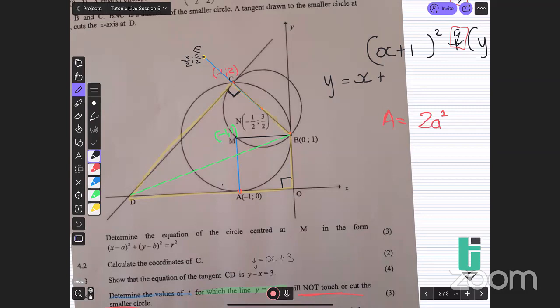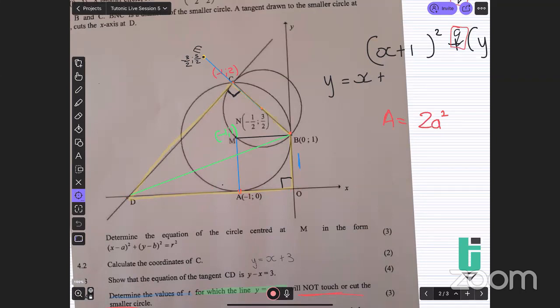So what's the base? Do we know this distance here? It's 1, right? And what is the OD distance?